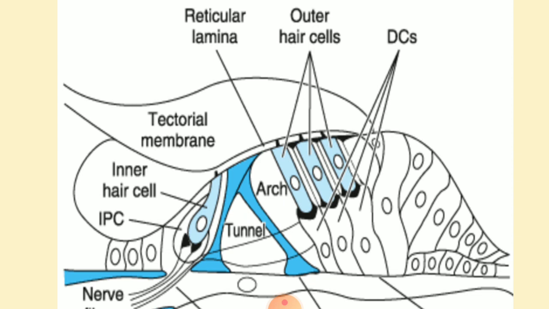There must be some other mechanism which is brought about by the fluid current, which is generated by the accentuated upliftment of the basilar membrane by the contraction of outer hair cells, which is possible by means of the protein molecules called prestin.